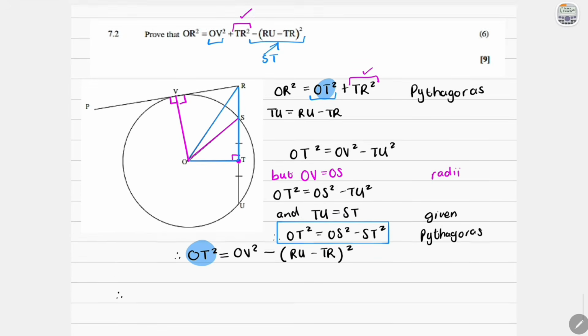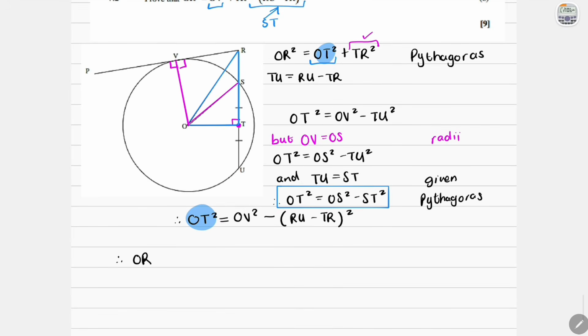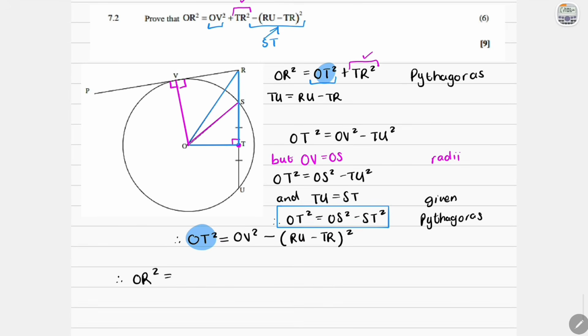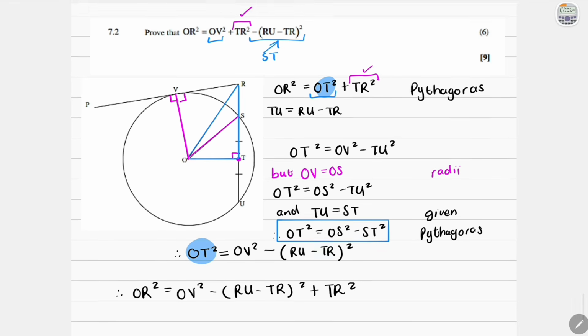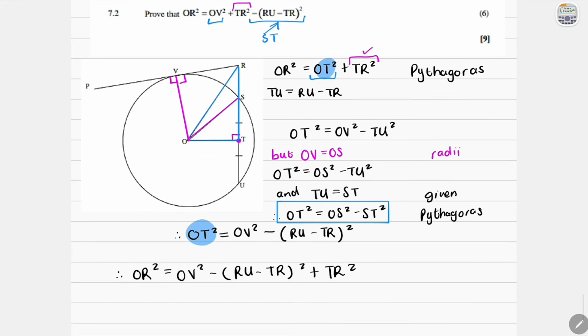So finally I can show that OR squared is equal to, let's just add them together. OR squared was equal to all of this. So that was OV squared minus RU minus TR all squared, and then plus TR squared. And all we have to do is rewrite it the way they did.